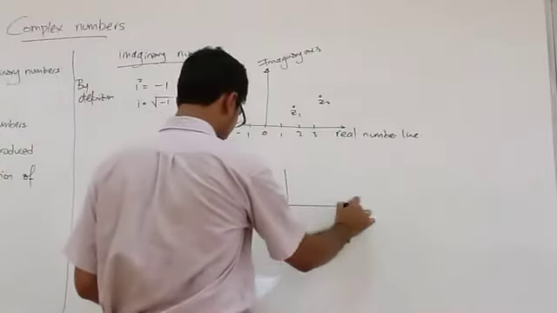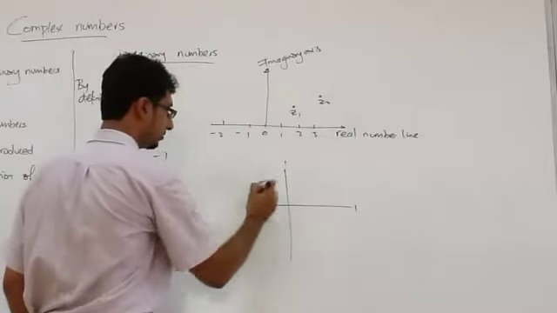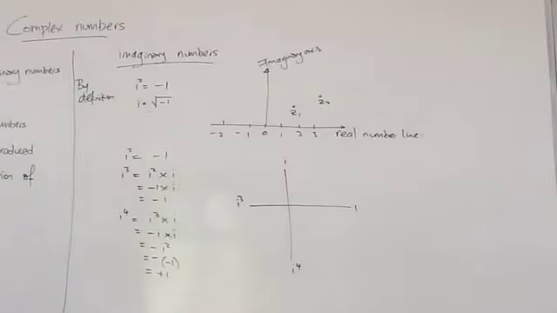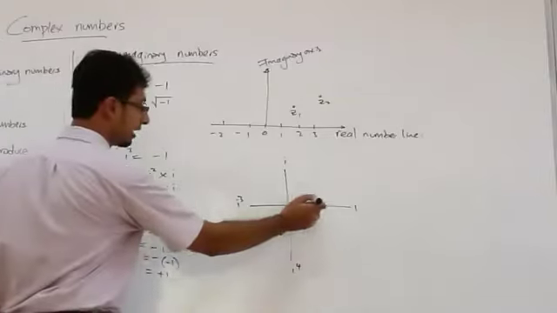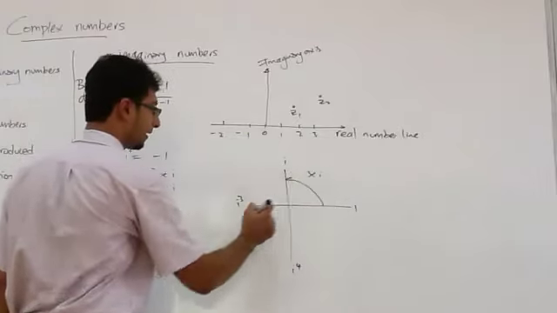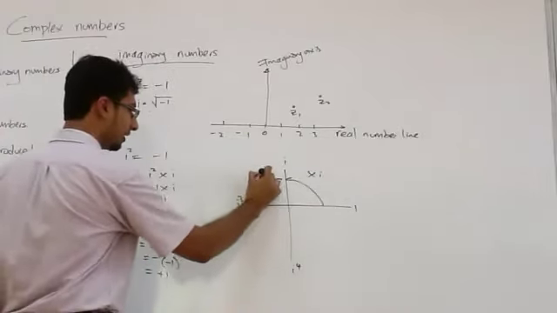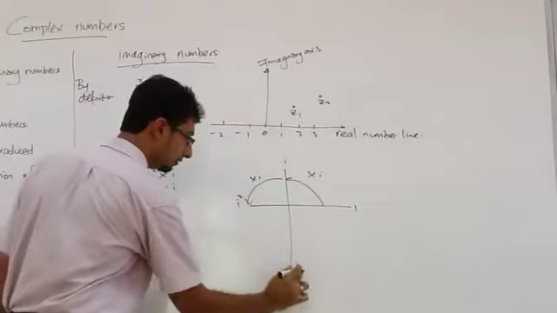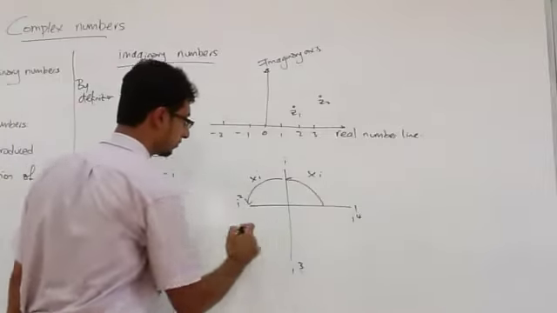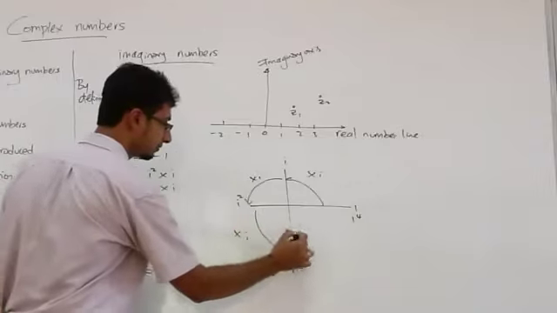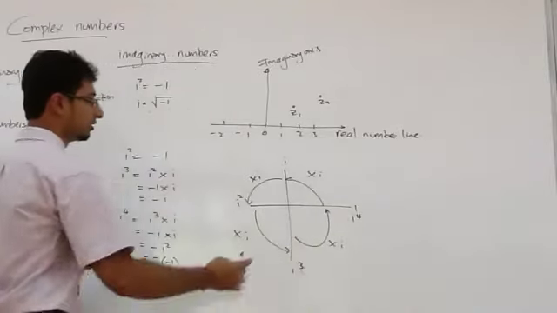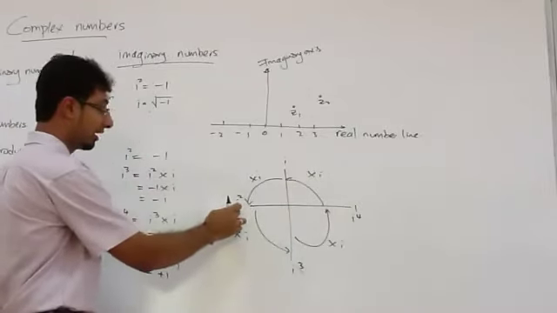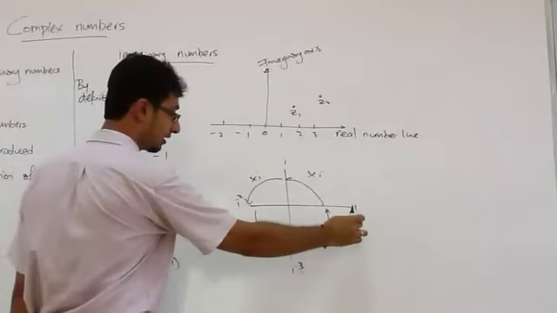Why did we do that? I did that only to explain a certain pattern that we see when we multiply by i. I take number 1, I multiply by i, I get i. Multiply by i again, I get i squared, that's i cubed, that's i to the 4.